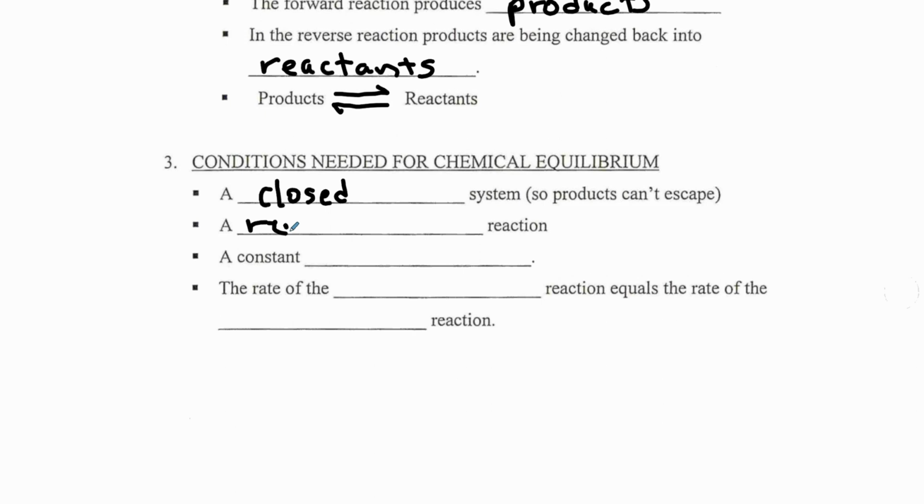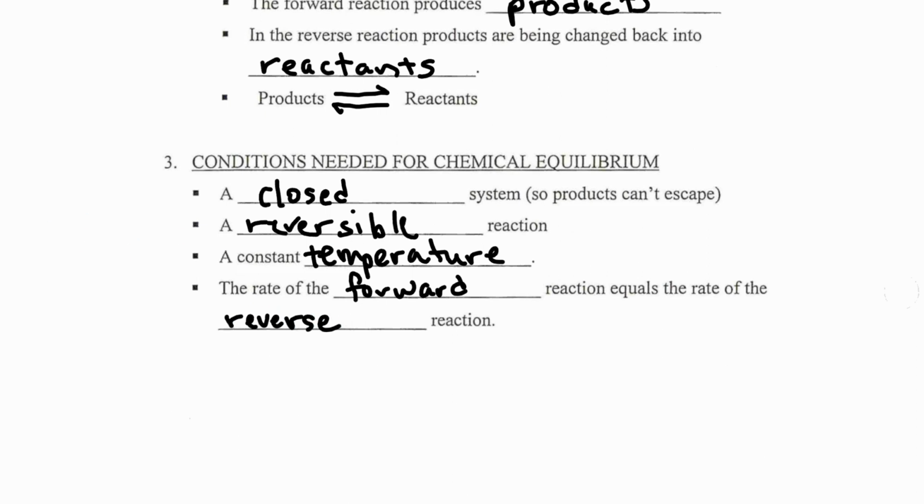You can't reach equilibrium if the reaction can only happen in one direction. The temperature must stay constant. And the rate of the forward reaction equals the rate of the reverse.